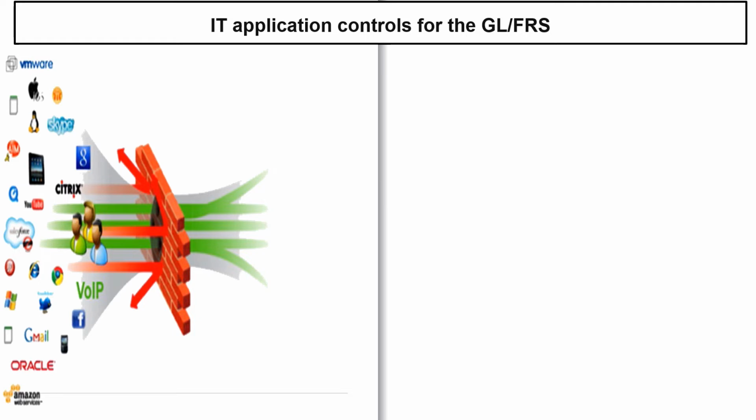In input controls, we try to ensure that whatever is keyed into the system or updated to the system, here we talk about the general ledger and financial reporting system, is accurate and authorized. So it will process certain IT application controls in order to ensure the accuracy of the input.